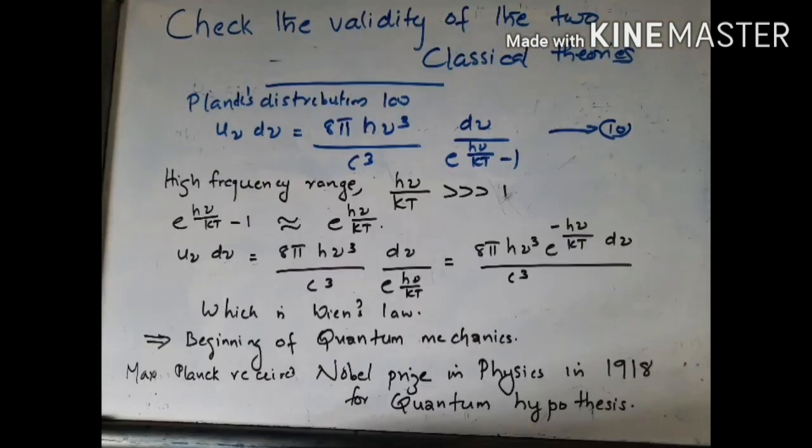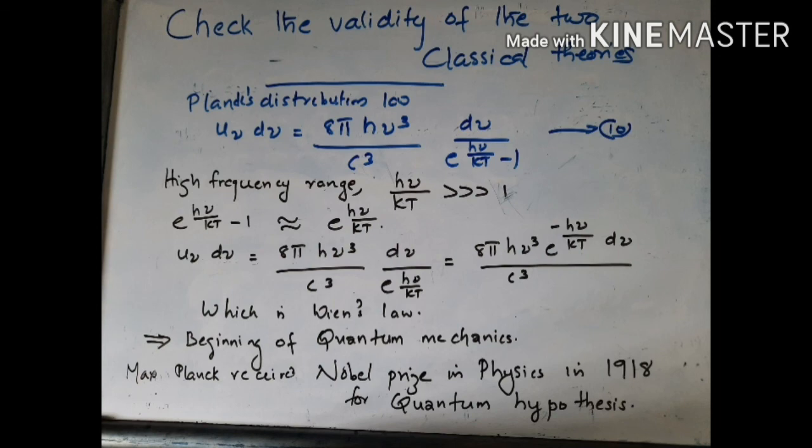Now let us see what happens when the frequency is very high. At a very high frequency range, h nu by kT is very much greater compared with 1. So e raised to h nu by kT minus 1 can be approximately considered as e raised to h nu by kT.